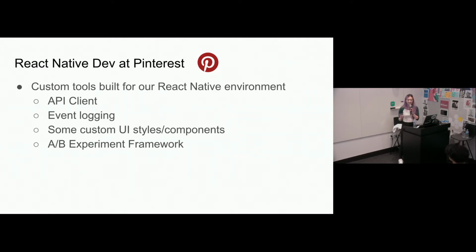You have to figure out how to custom configure that, because it is unfortunately just another dev environment. Not everything's going to fall in place perfectly. So we've had to build some glue to handle things like custom UI components, custom styles, our context event logging, and to link up native modules for things like the API client and our A/B testing framework.